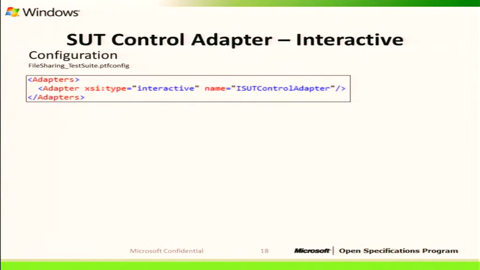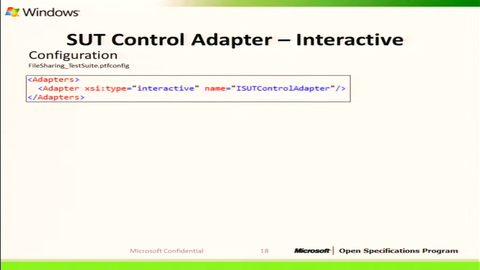For the environment that could not be invoked by PowerShell script, we added a flexible interactive control adapter. The interactive control adapter prompts the message and the actions you want to do, and then sets the properties after completion.